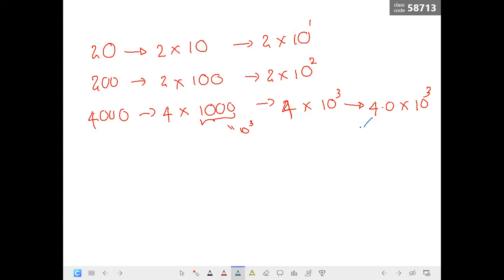This part, the whole part; this part, the decimal point; this part, the fractional part. Then here, this one is the exponent.